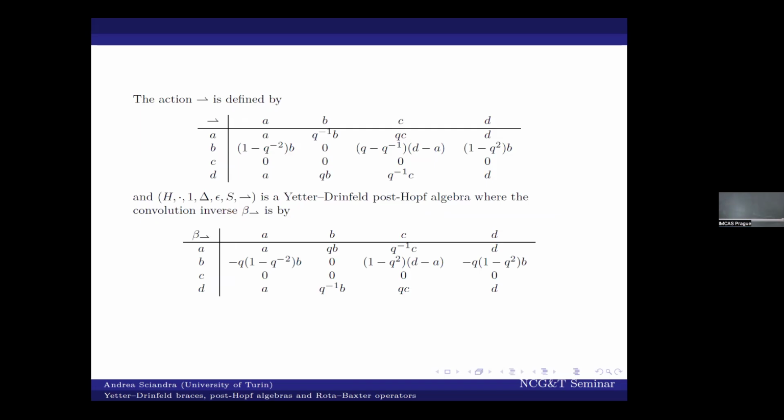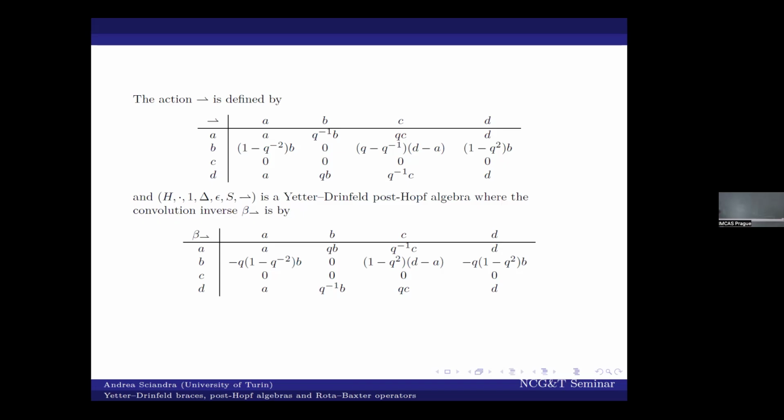Just Q and Q minus 1 are interchanged, while C is 0 on everything, while B acts in a bit different way. So B over B is 0, while over A is just B with this scalar. Over D is B again with this scalar here, while over C is D minus A with this scalar here.